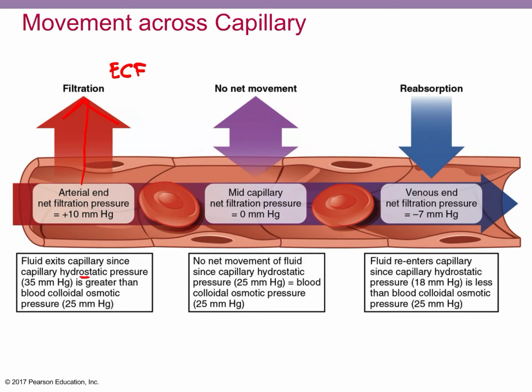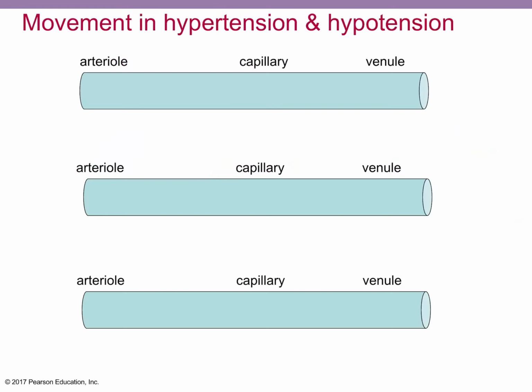Okay, and in the middle there is no net movement because the hydrostatic pressure of the capillary is equal to the osmotic pressure. So they're both equal. There's no net movement. On the venous end, it switches where the hydrostatic pressure falls and the osmotic pressure pulls fluid into the capillary. So you have a net reabsorption. So it's not absorption, it's reabsorption. So that's how that would work.